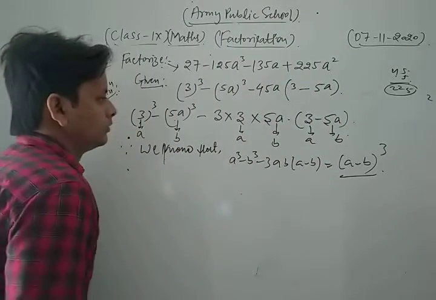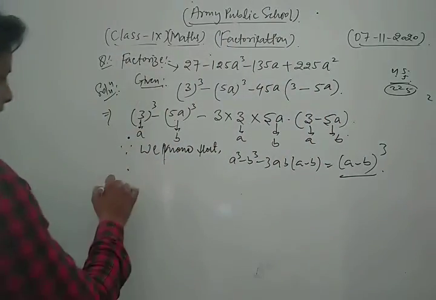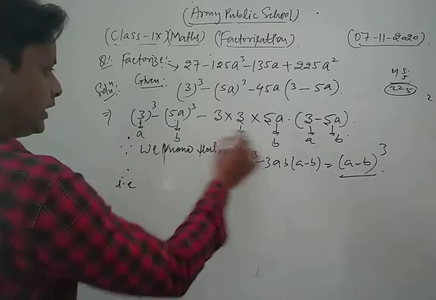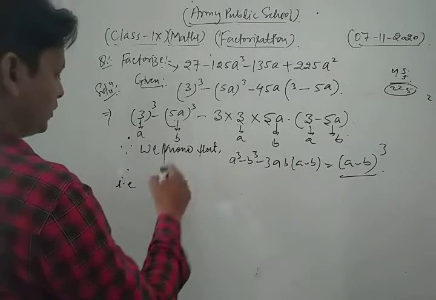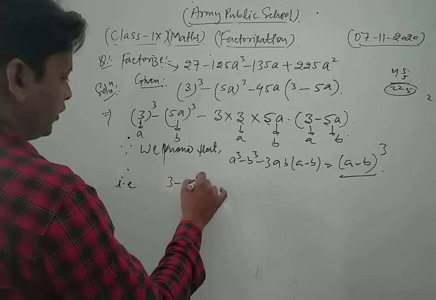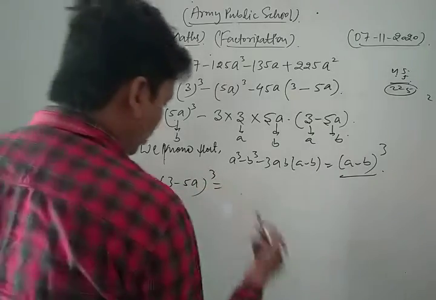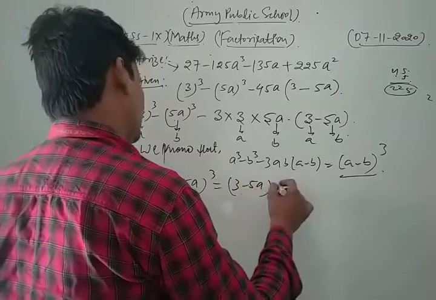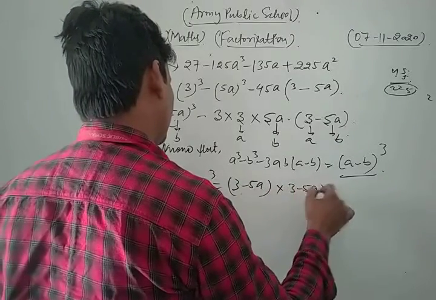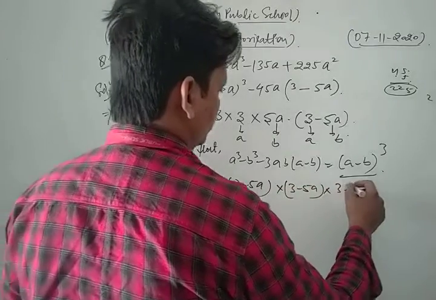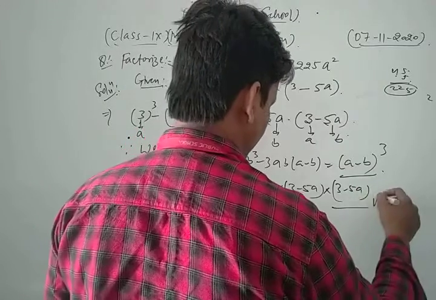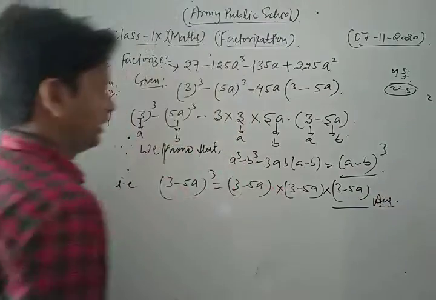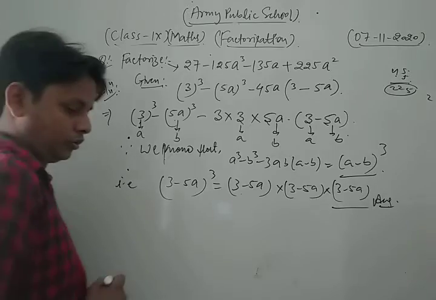Now here a minus b whole cube means 3 minus 5a whole cube, or we can write 3 minus 5a into 3 minus 5a into 3 minus 5a. This is our required solution of the given question.